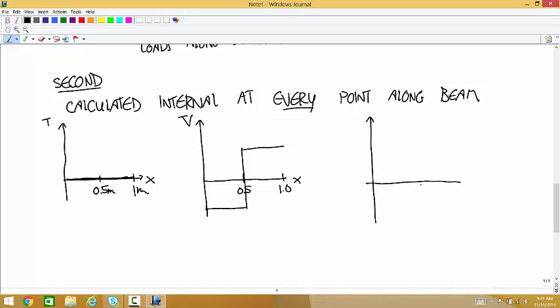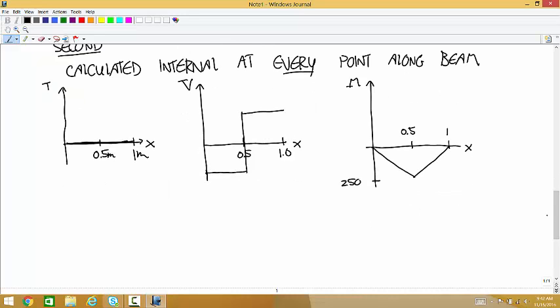And the bending moment was a linear function like that, going down to a minimum value of 250, and then a linear function like that going back to 0. Notice that what these are is piecewise functions, and that's what we're always going to be coming up with here. So these are piecewise functions.